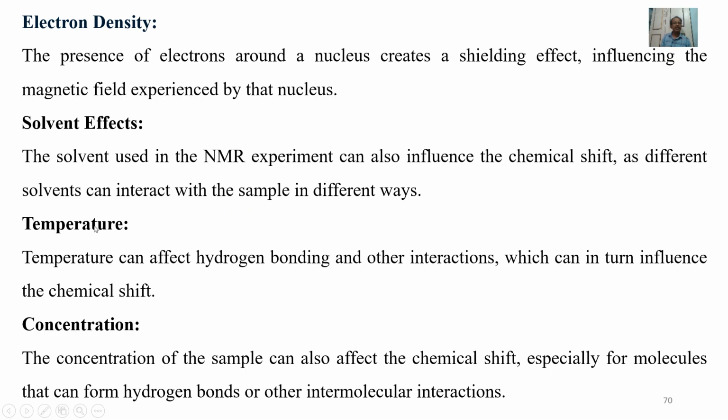Temperature effect. The temperature can affect hydrogen bonding and other interactions, which can in turn influence the chemical shift. Concentration. The concentration of the sample can also affect the chemical shift, especially for molecules that can form hydrogen bonds or other intermolecular interactions.